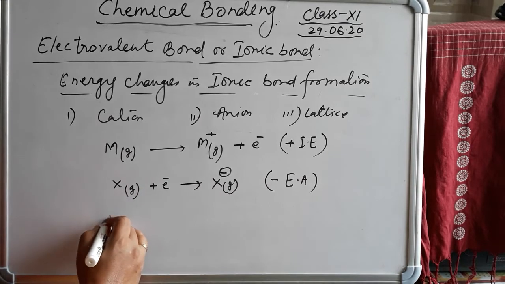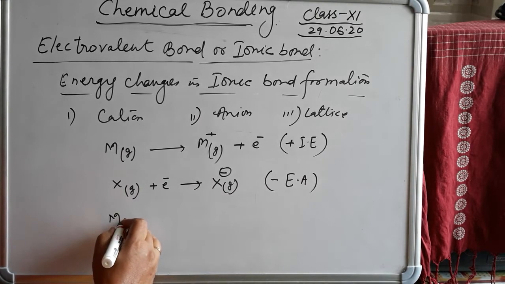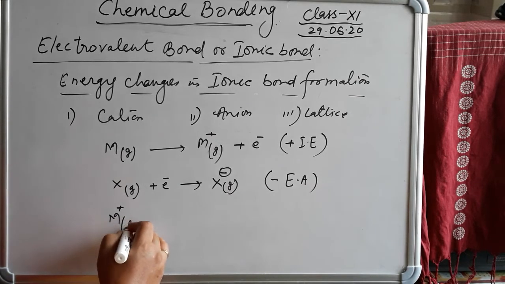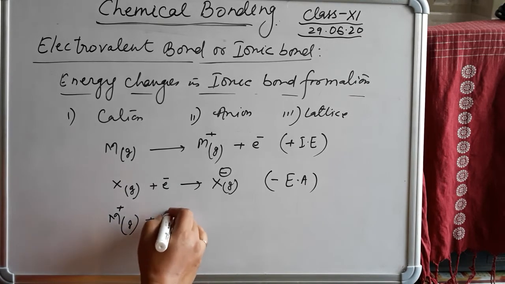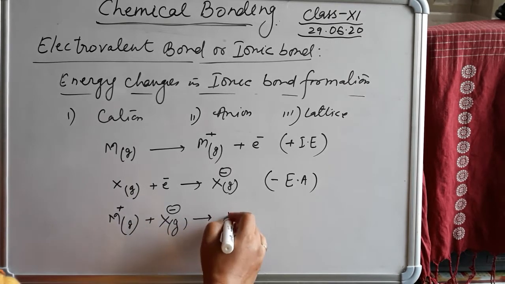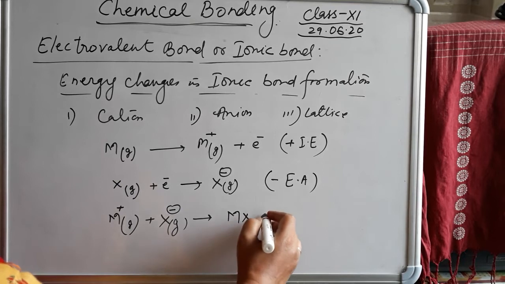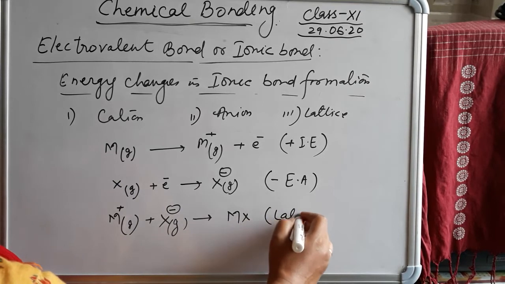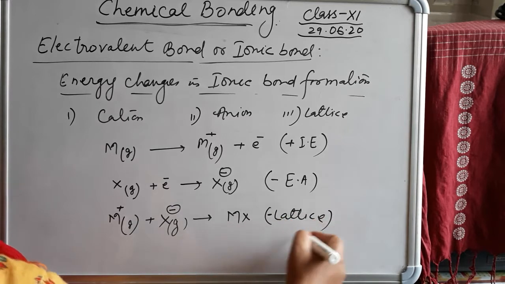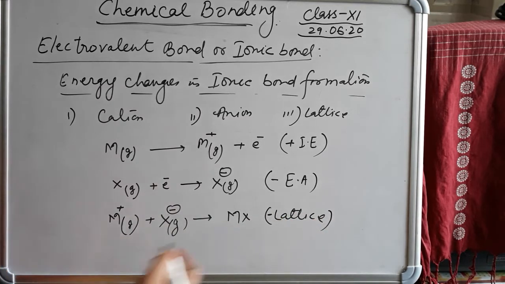And at last this gaseous cation reacts with this gaseous anion to form the lattice, and this is known as lattice enthalpy. This is again energy release, so it is also indicated with a negative sign.